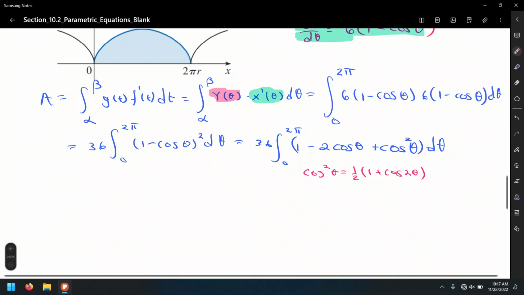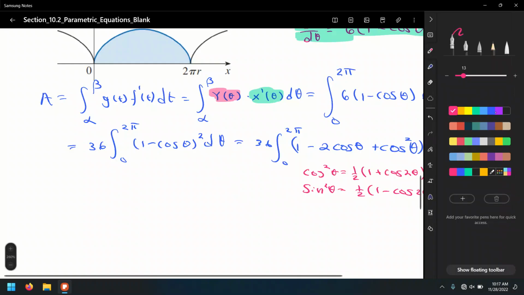And the one for sine squared is the same, but with a negative in between the 1 and the cosine. Of course, we're going to use the first one, right? Because we want to reduce the power for cosine.